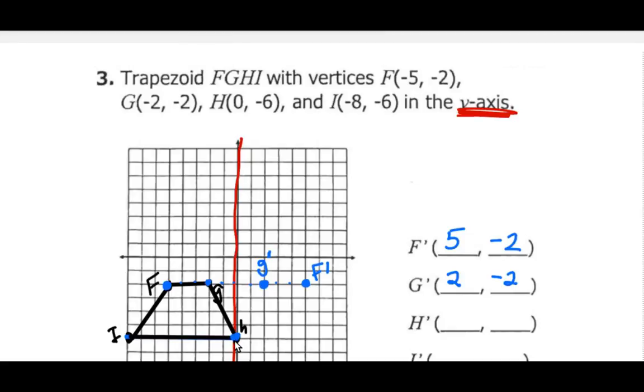So H prime is going to be 0 units away. So my H and H prime are actually the same exact point, just because it's on the line of reflection. I was 8 units away, so I prime is going to be 8 units away.